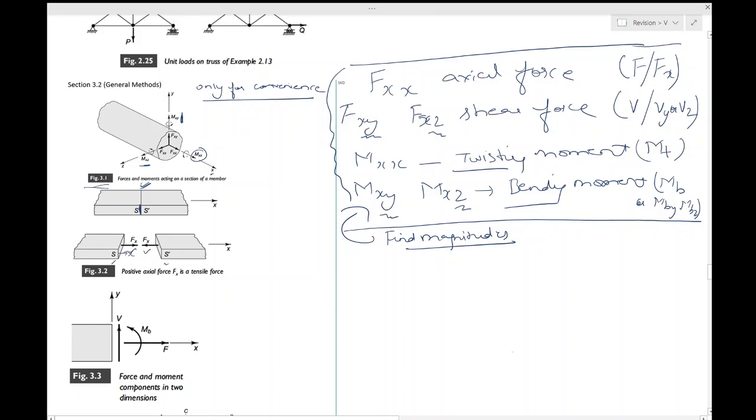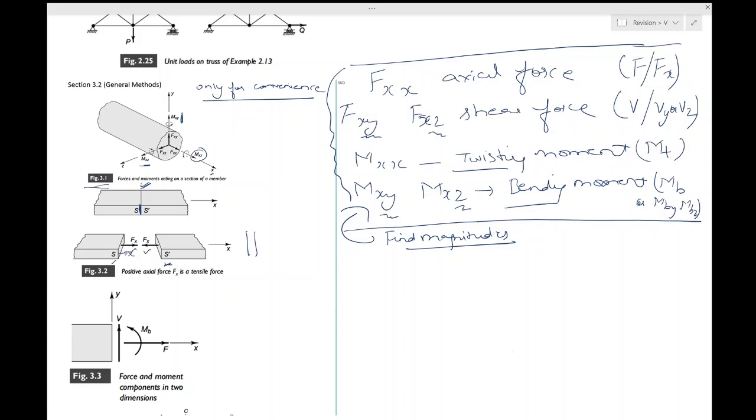On the section S dash, fx is also positive axial force, since a force component in the negative x direction acts on a cross section whose outward normal is in the negative x direction. So the important part about these two lines is that you cannot individually see a force. You have to see the force with respect to the surface on which it is acting.